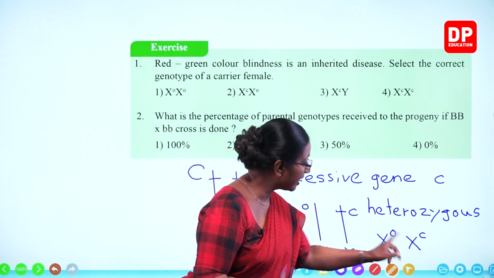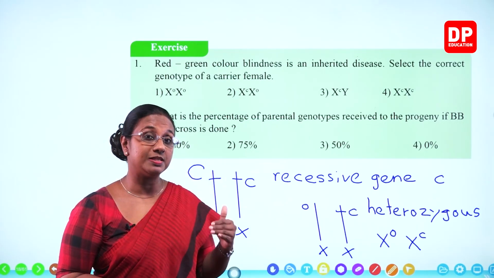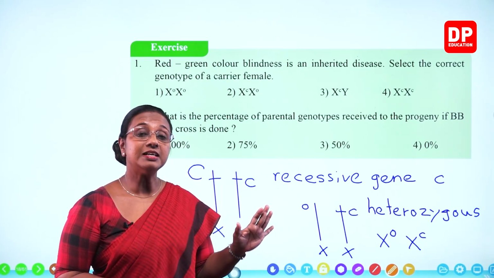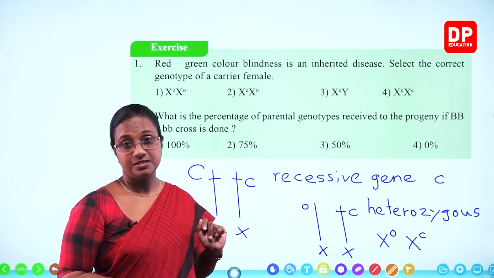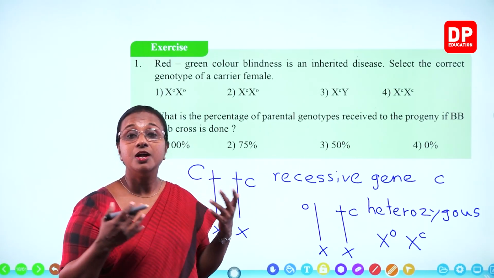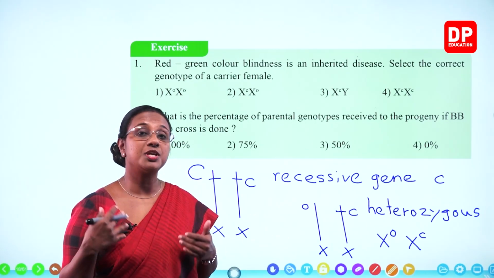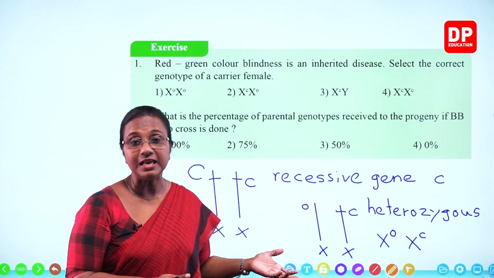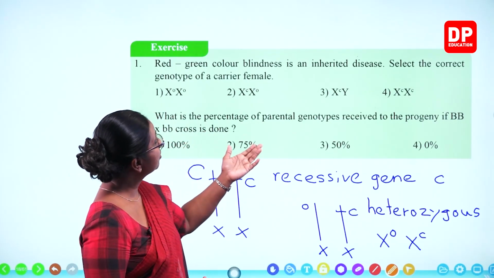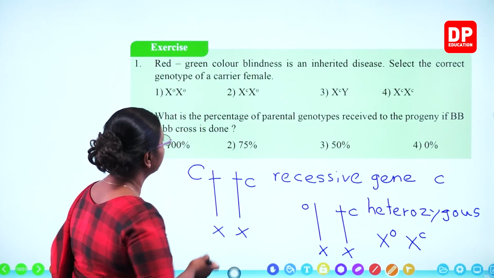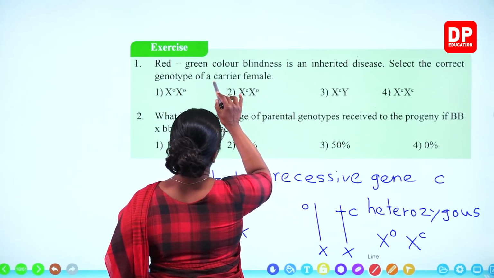If both X have simple c, homozygous recessive situation, then it is a disease condition. If there are no recessive genes, then of course the person will be healthy. Here of course we don't have to bother about the male because they have asked for the carrier female.